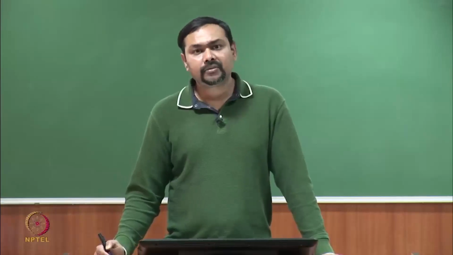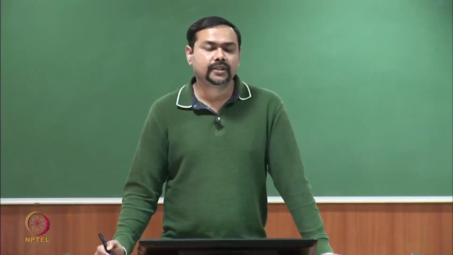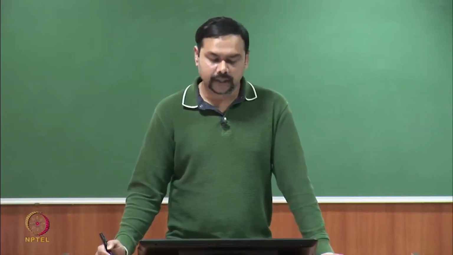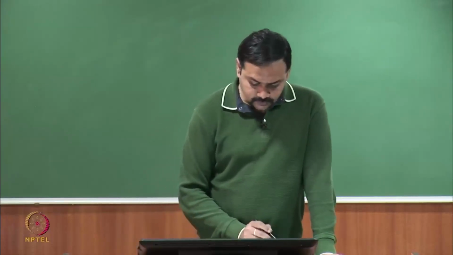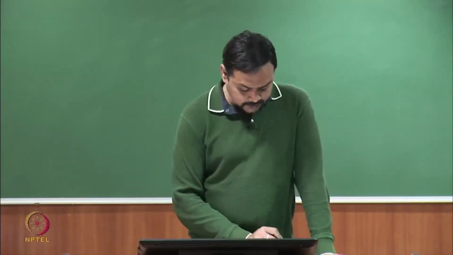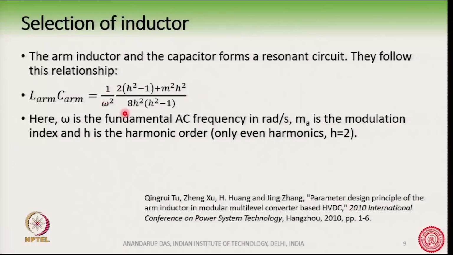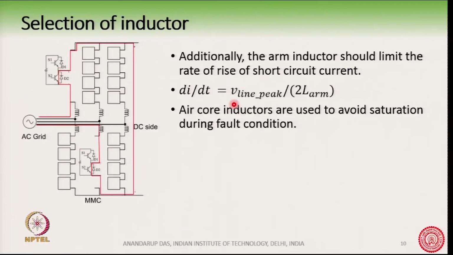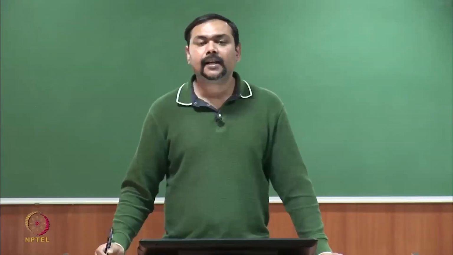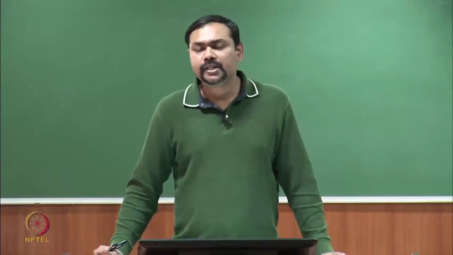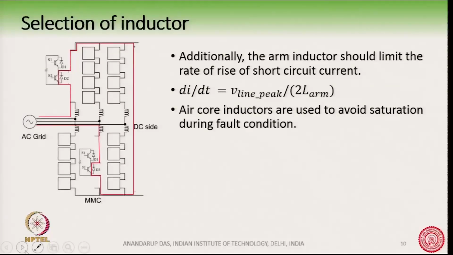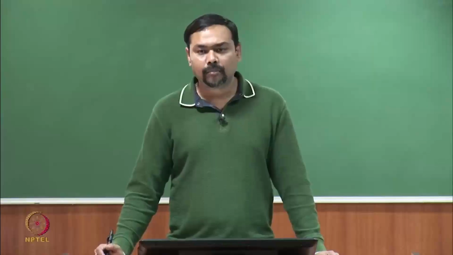Usually air core inductors are used to avoid saturation during fault condition. So, arm inductors are designed keeping 2 things in mind, this equation here and this one here, V line peak divided by 2 L arm. With this basic idea, we will be able to design an MMC, and we will take a case study and design the components.